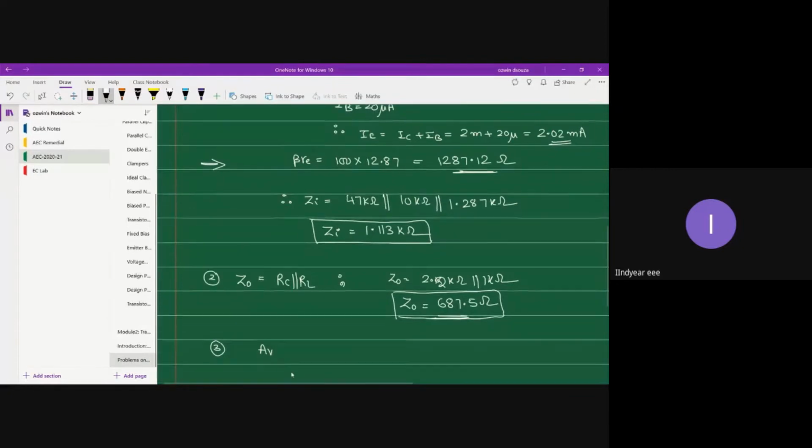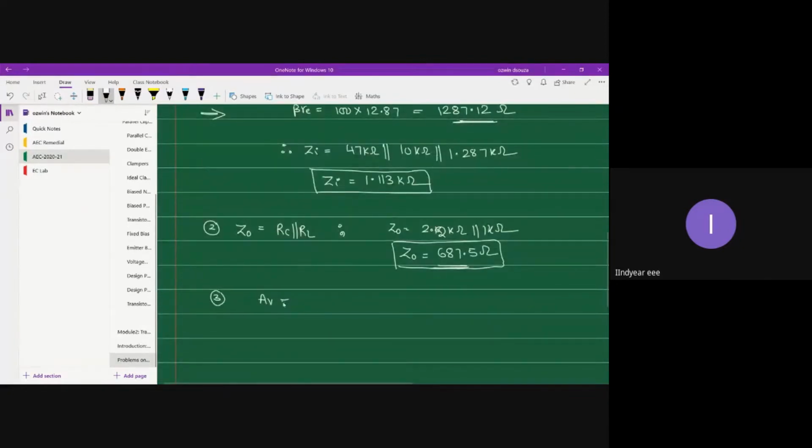Okay, so voltage gain AV with bypass capacitor CE is given by the expression, minus IC into Z0 divided by IB into ZB, right?